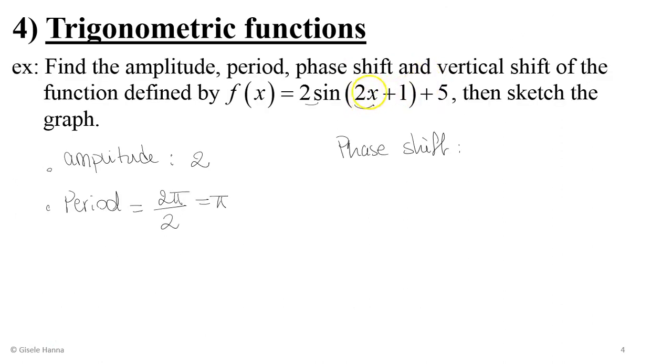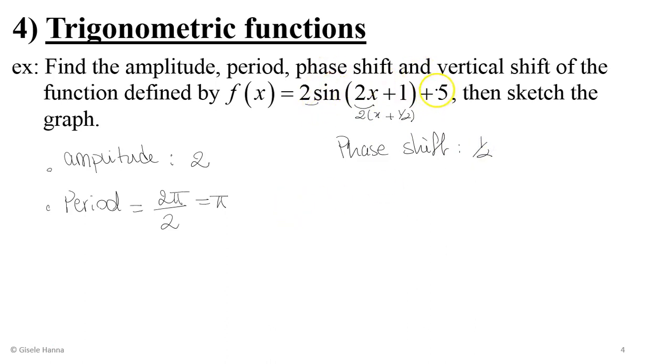So over here, this is not 2 into x plus 1. The 2 is just multiplying the x. So in order to determine the phase shift, you factor out the 2 here. So it's 2 into x plus half, so the phase shift is half.